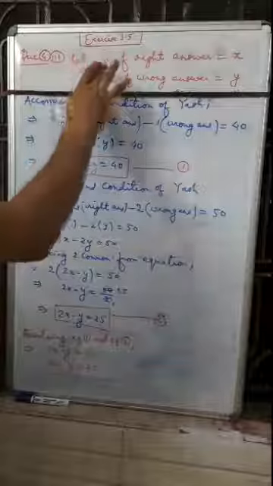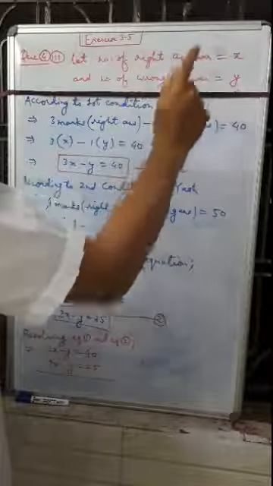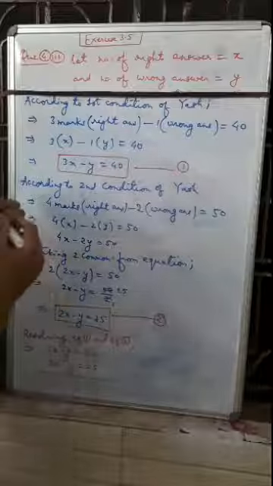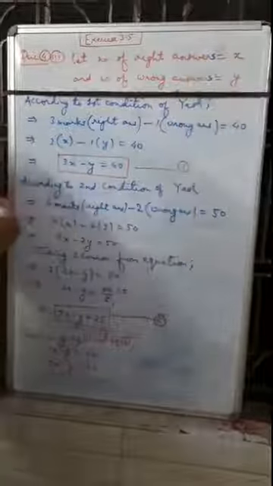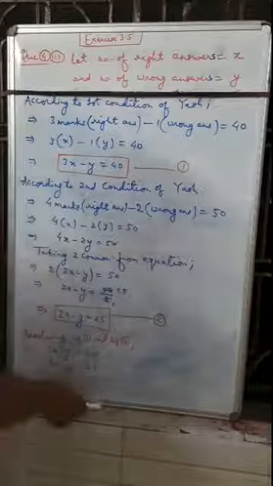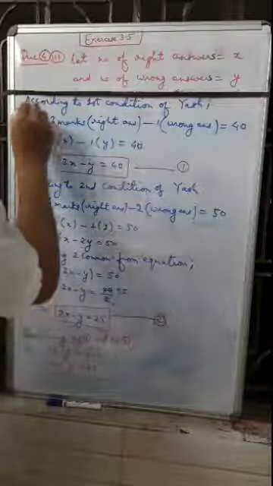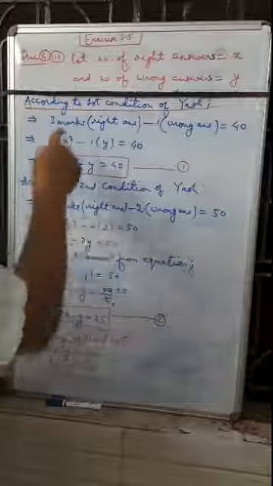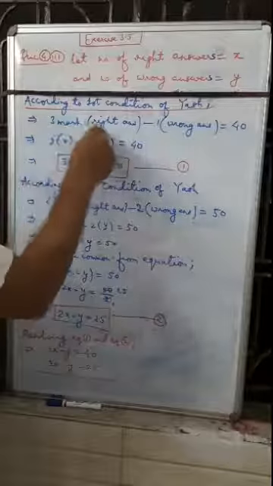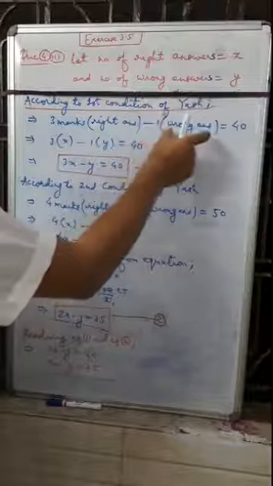So let the number of right answers be x, and the number of wrong answers be y. According to the first condition, he scored 40 marks, getting 3 marks for each right answer and minus 1 mark for each wrong answer.